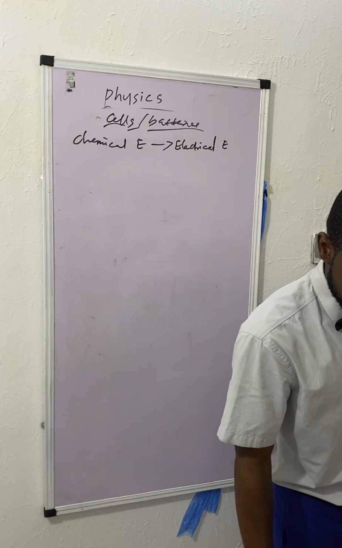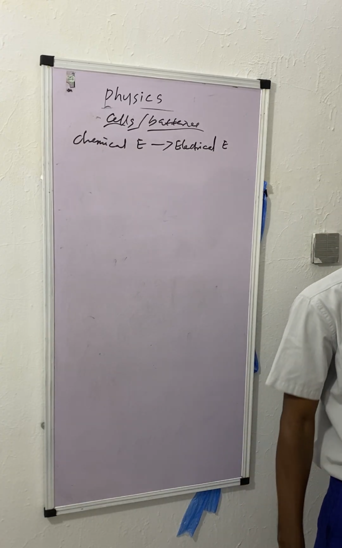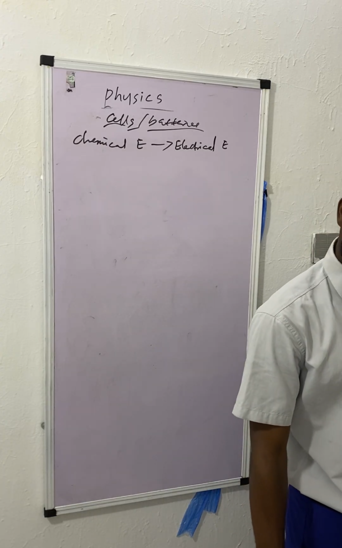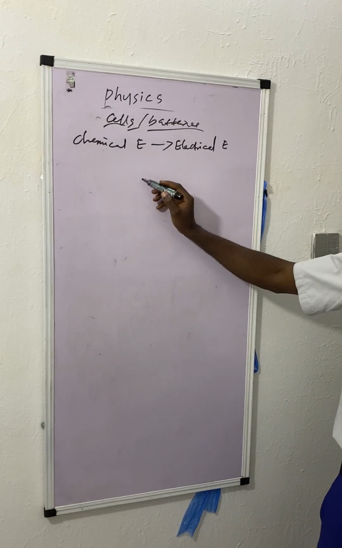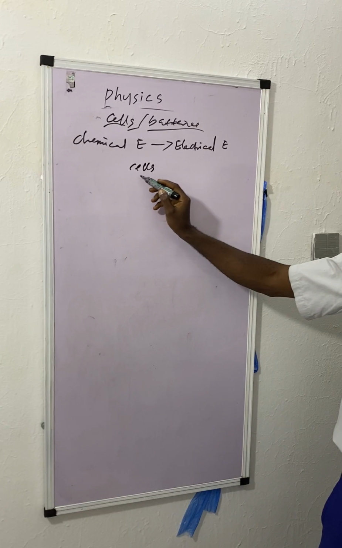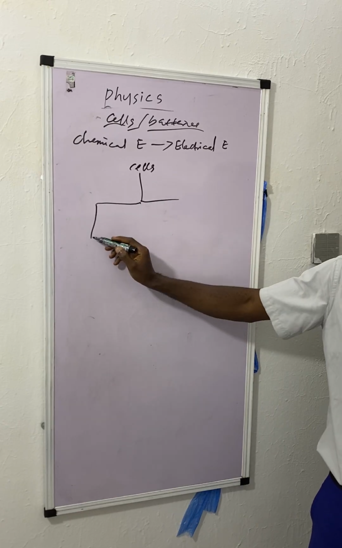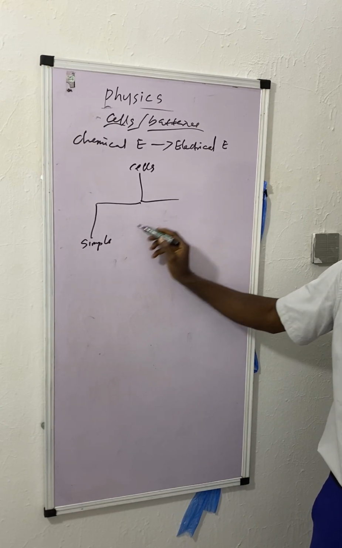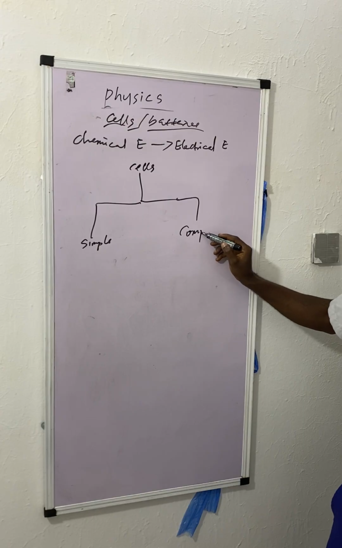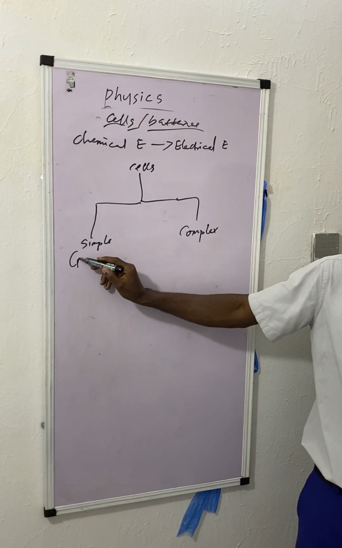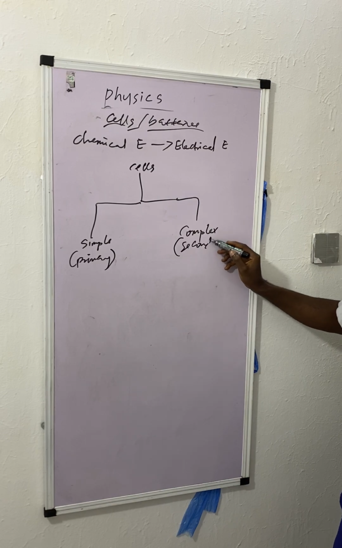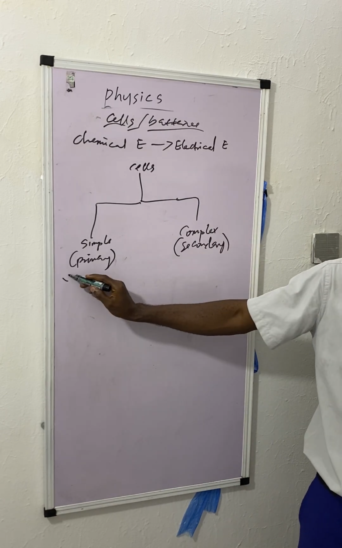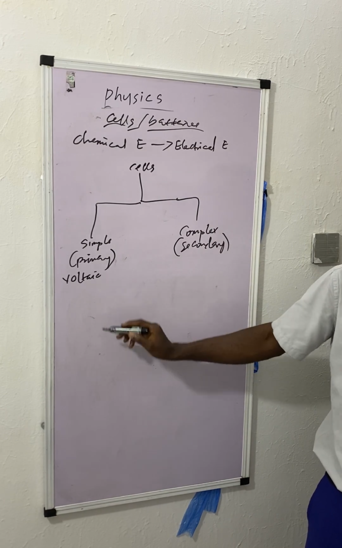We have majorly two types of cells. We have primary and secondary cells, or you can call them simple and complex cells. The simple cell can be called a voltaic cell.